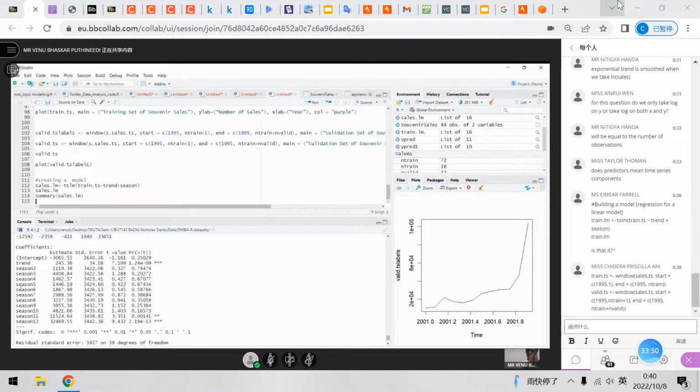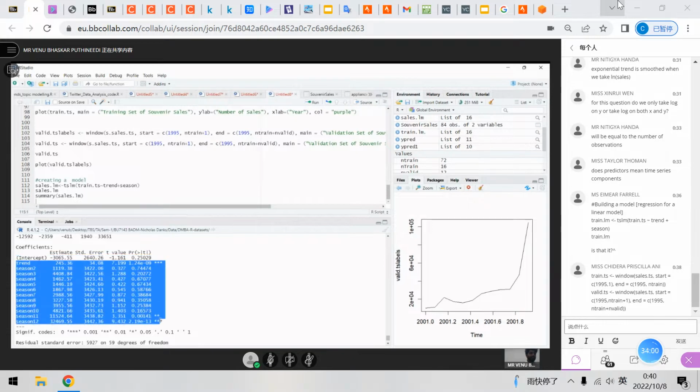Can you repeat, please? We have the intercept, and we have 12 predictors. Does that make sense?